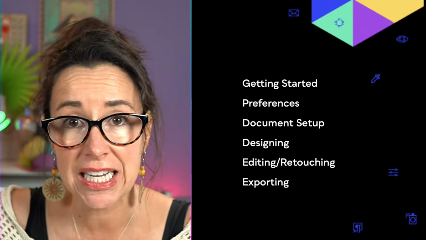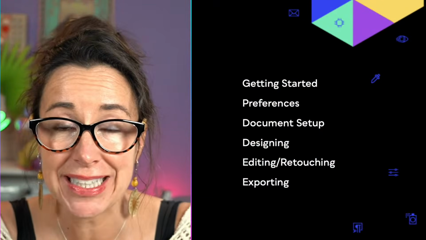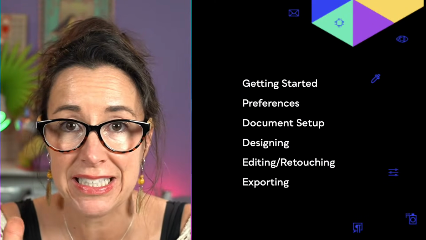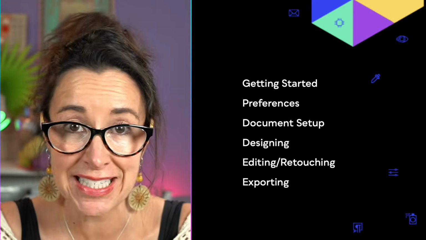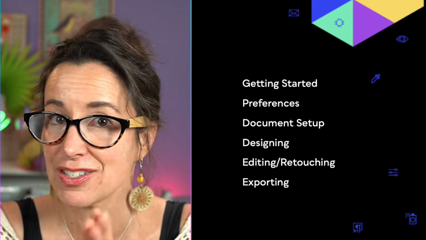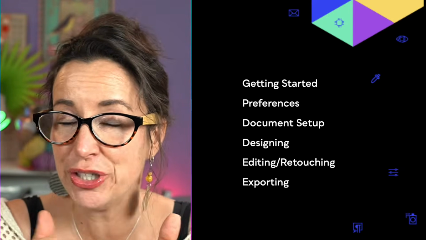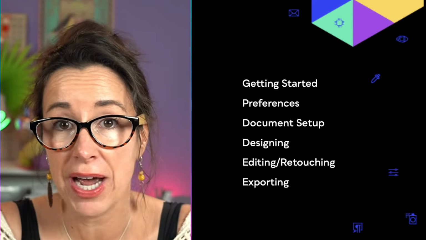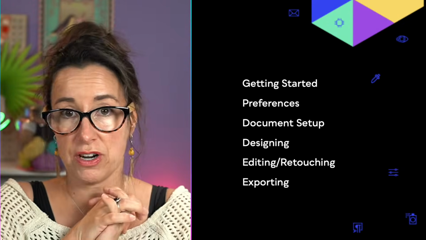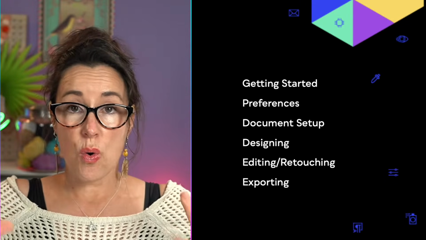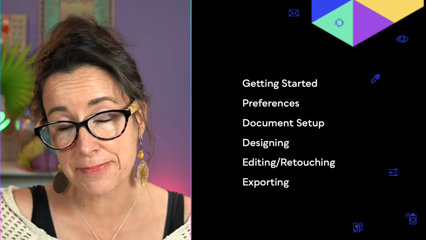We'll talk about how you get started, what you need to gather and figure out ahead of time, and how to set up preferences in InDesign so that things work the way you want them to. We'll build a document, and I'll show you a couple different ways to do that, whether working from scratch or with a template.